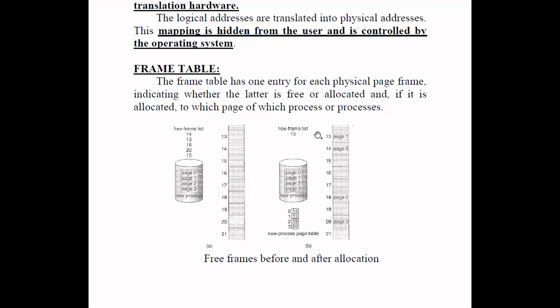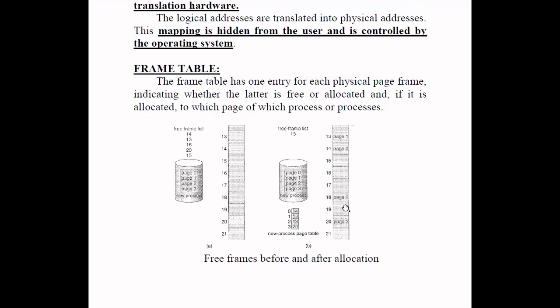With respect to the free frame list and the pages available, the mapping has been completed and the final page table has been created. Page 0 of the process has been placed in free frame number 14. Page 1 has been placed in frame number 13, page 2 in 18, and page 3 in 20, and so on.